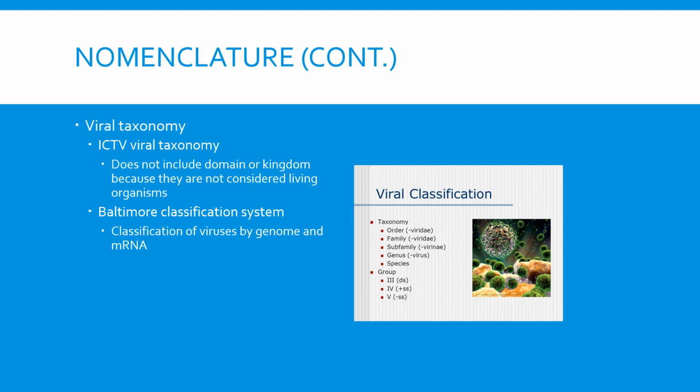And so some methods of classifying them include their morphology, which is their size, shape, and arrangement, as well as the type of nucleic acid they have. Remember, they can have DNA or RNA, how they replicate, the types of hosts that they invade, and the type of diseases they cause when they invade those living organisms.